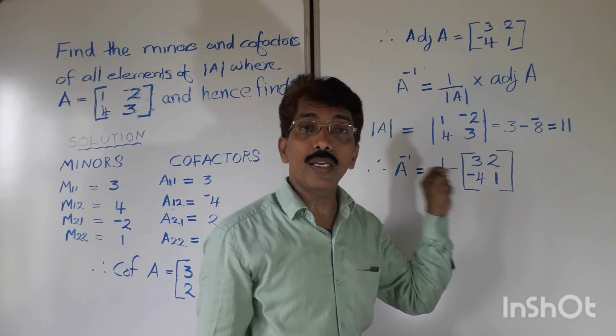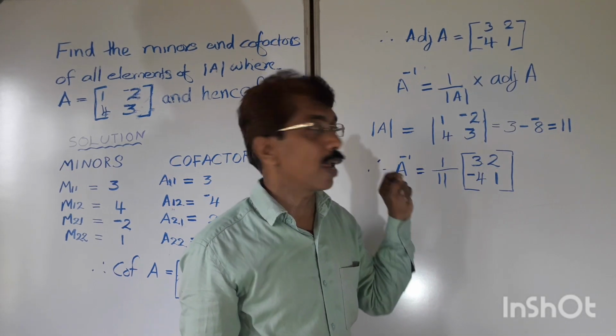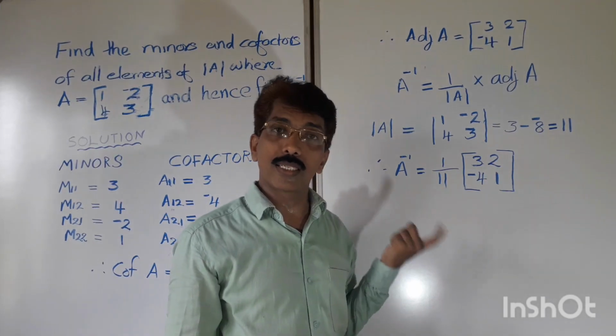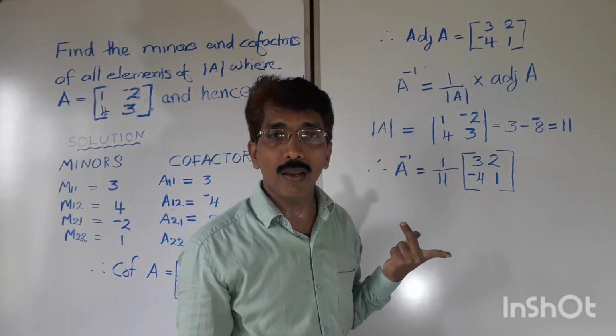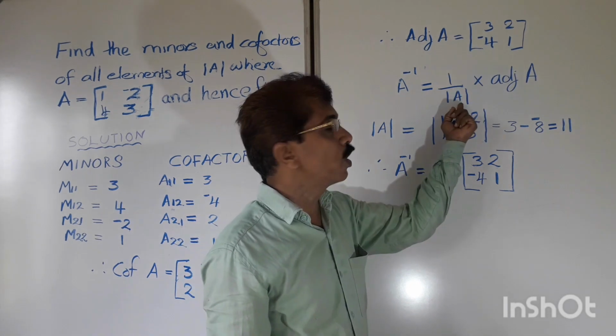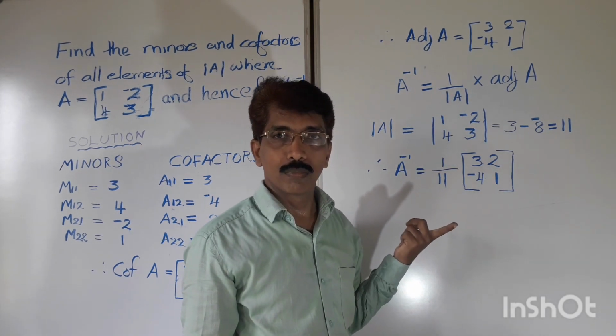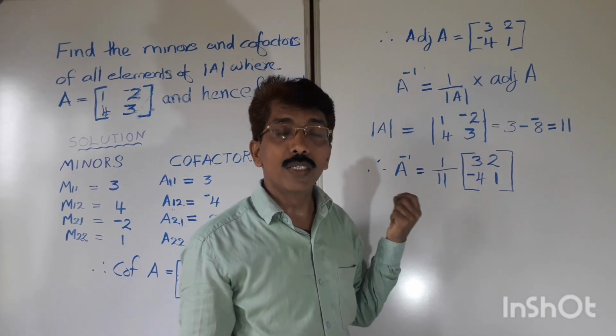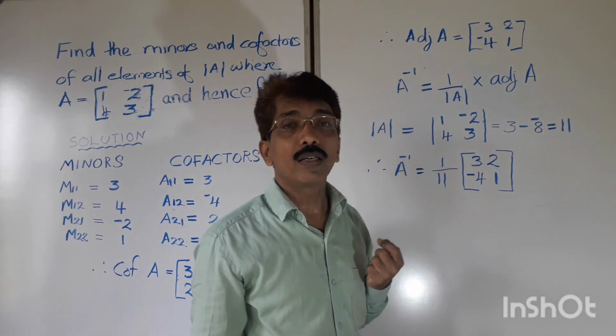If determinant A equals 0, we can say that A is a singular matrix. Then no inverse exists, because 1 by 0 has no value, so we cannot find A inverse.